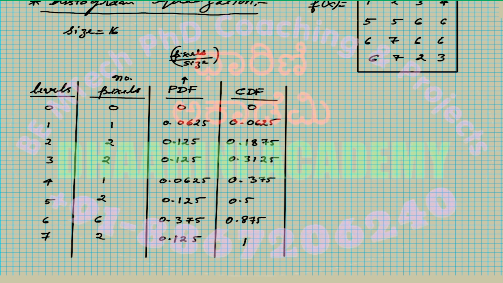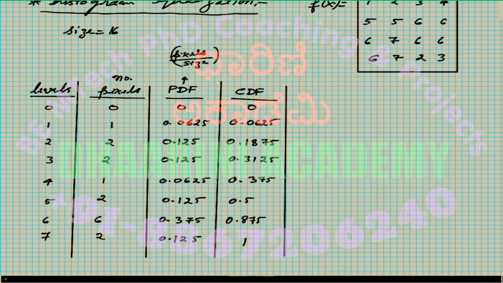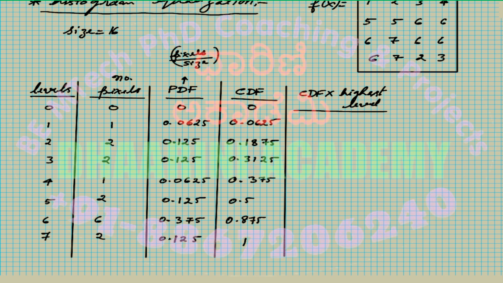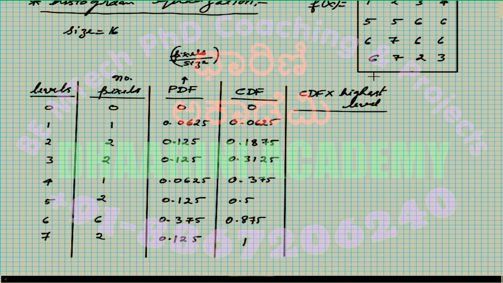Okay, after calculating the cumulative distribution function, I have to write another value, that is the CDF into the highest level, right? This is different for different problems. For this given problem, the highest level is 7.